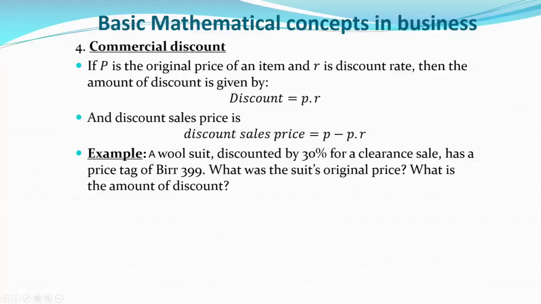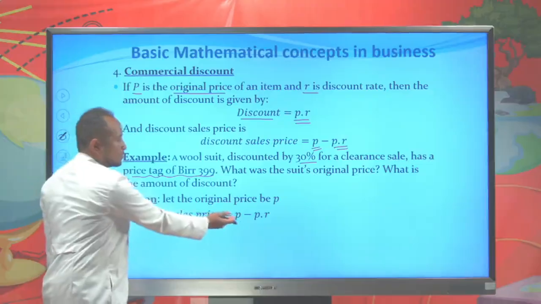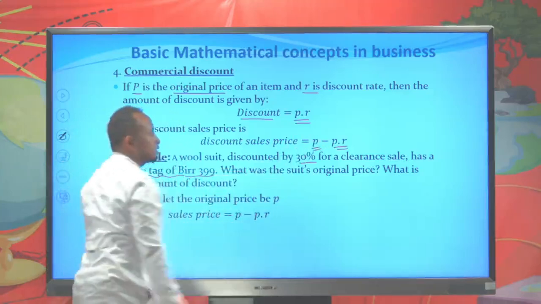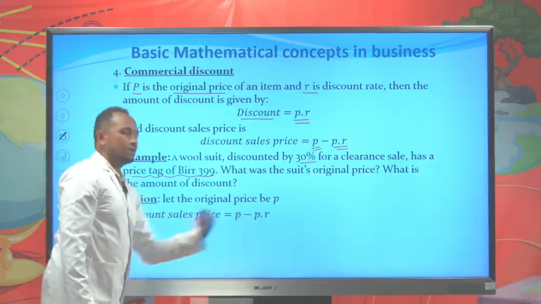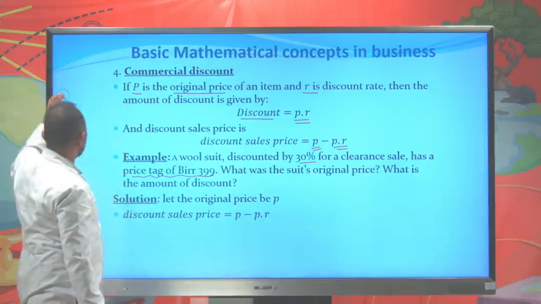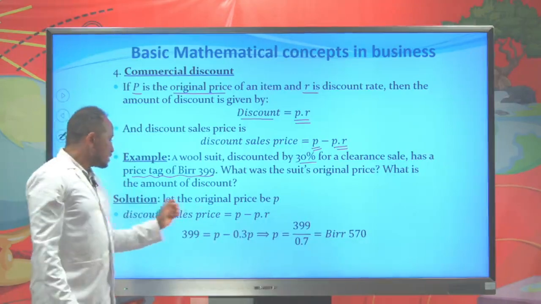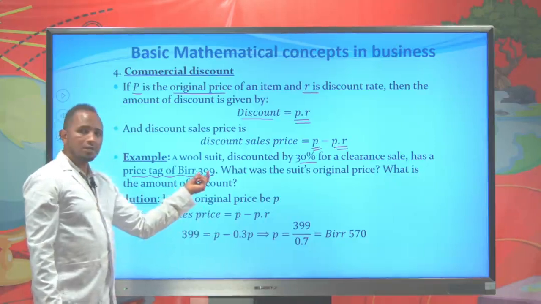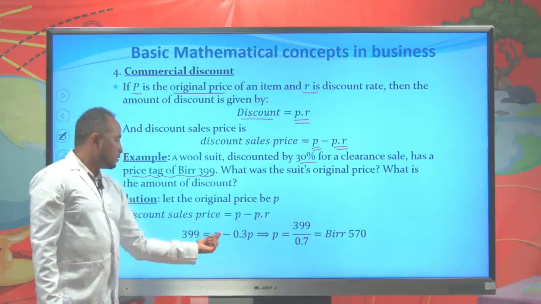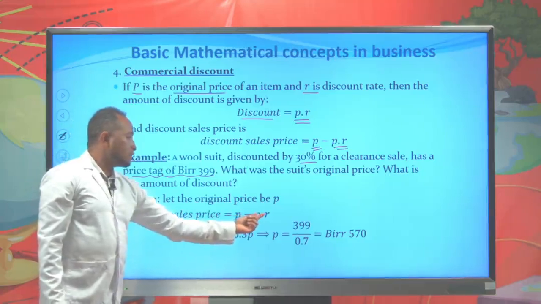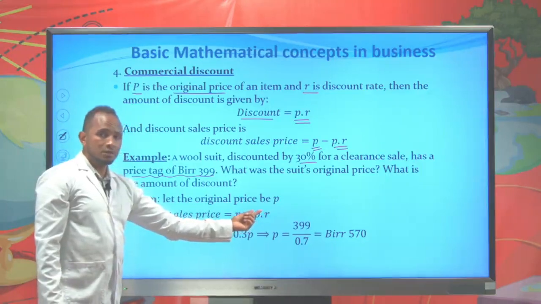Let's assume the original price to be P. The discounted sale price is equal to P minus the discount, that means P minus P times R. The discount sale price tag is given as 399. So 399 is equal to P minus P times R, where R is given as 30%. 30% means 0.3.